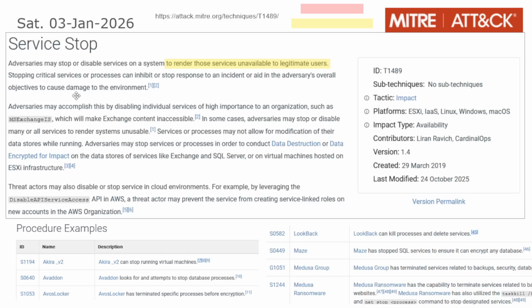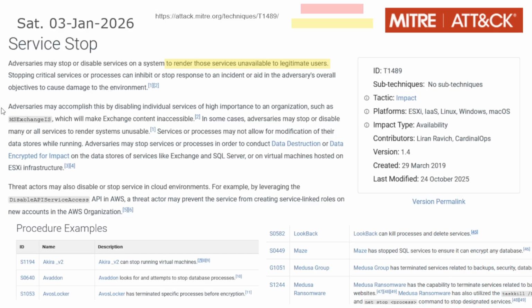Yes, this is absolutely true. So for example, you can disable the logging and monitoring on the systems, and as a result of that the response will be much later than usual.